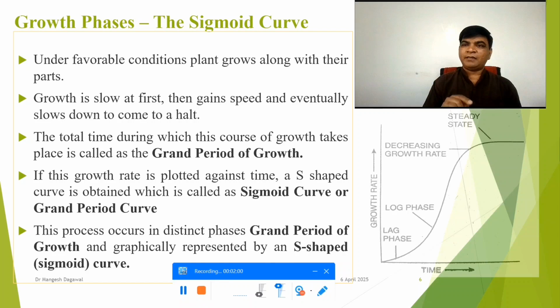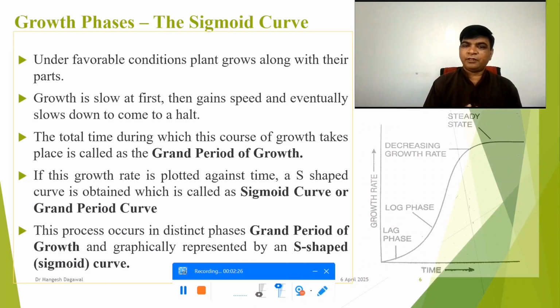That curve is called the sigmoid curve. This sigmoid curve is formed on the basis of the growth rate plotted against the time. Here you can see the growth rate and this is the time. The growth rate increases in response to the increase in time.